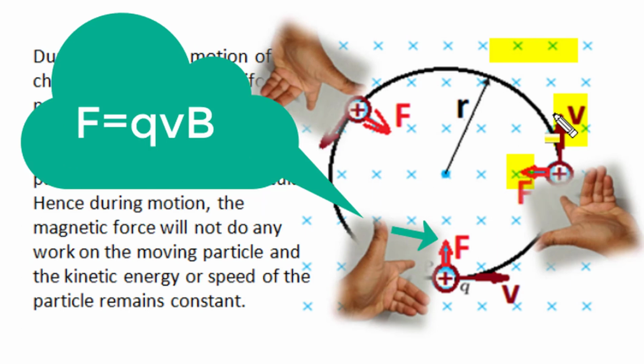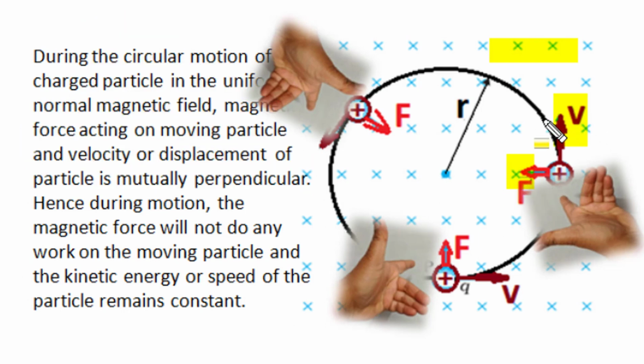When force and displacement are mutually perpendicular, the force won't do any work on the moving particle, and the kinetic energy of the moving particle, or the magnitude of velocity, remains the same during this uniform circular motion of the charged particle in a normal uniform magnetic field.